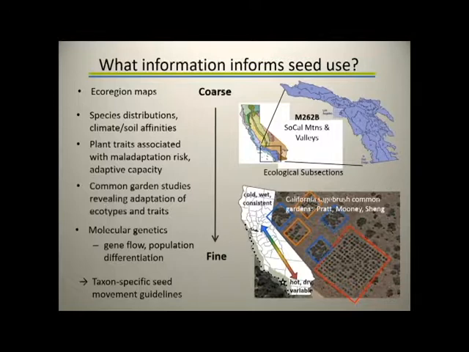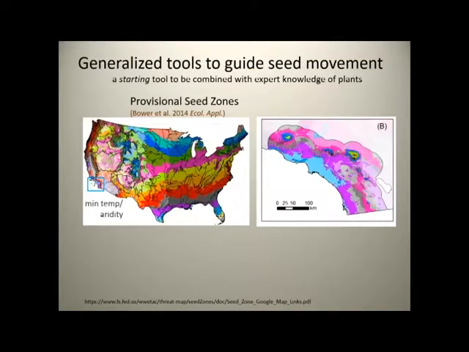There have been some very general tools that were put together when we don't have a lot of information about species, and many of our shrubland taxa have not been studied in great detail in terms of their genetics or their variation in space. There's these provisional seed zones that were put together just based on a few variables, minimum temperature and an aridity index, and we can see a blow up of our Southern California area over there on the right.